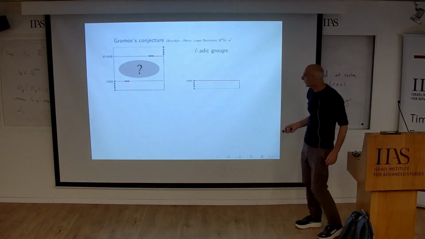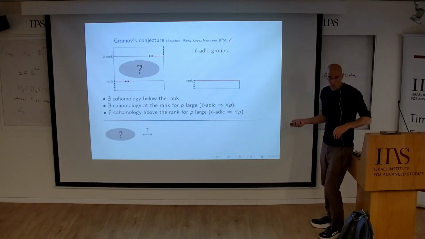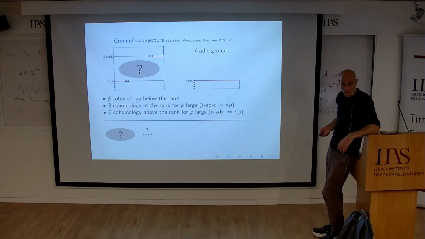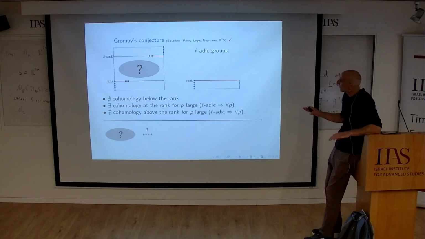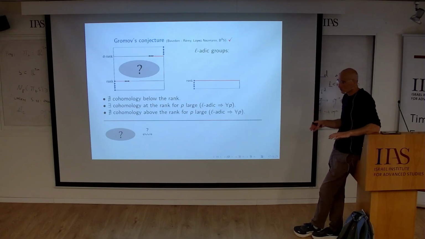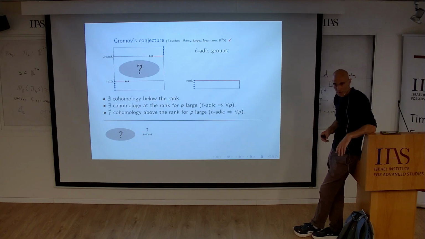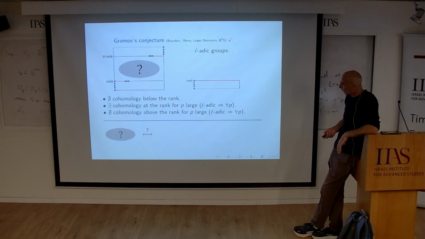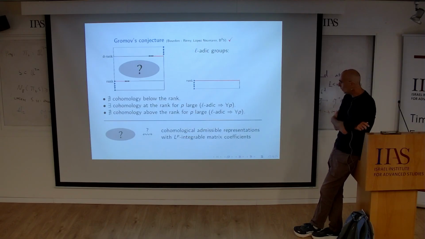And we expect something here as well, but we don't know exactly where the breaking points would be. We have some computation for SL3, some understanding for SL4, but very, very few actual examples to work with. So this is something that we are working on now.